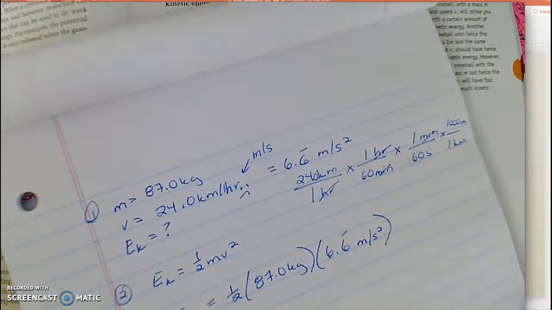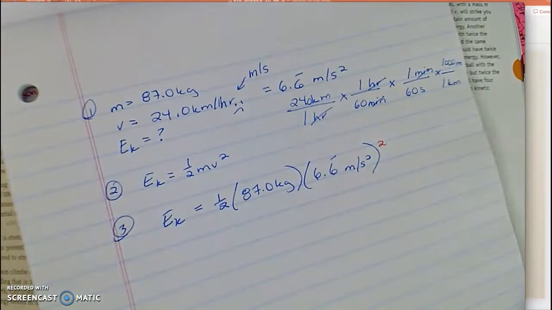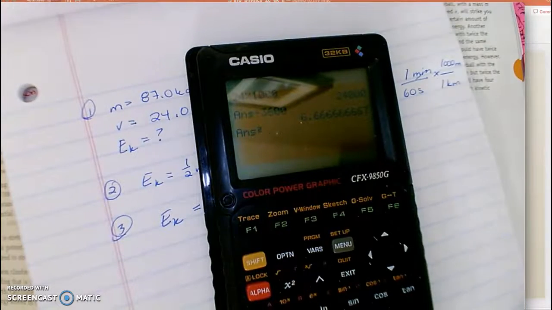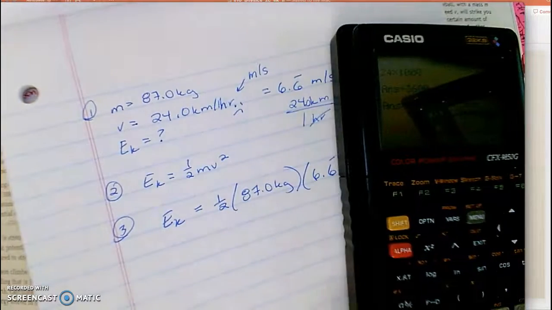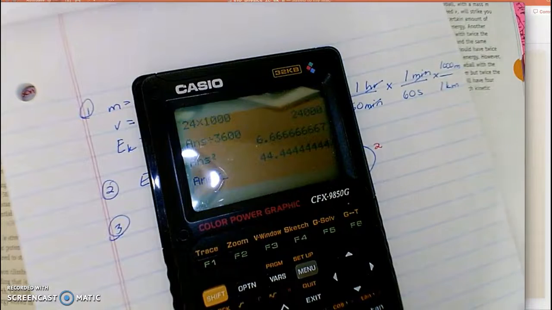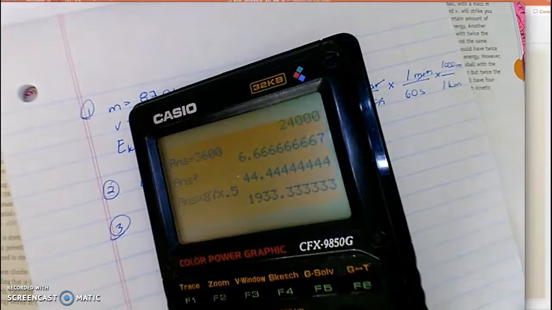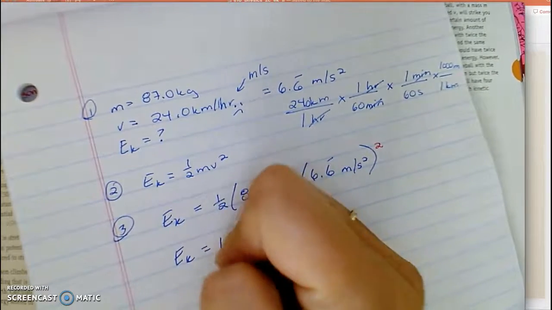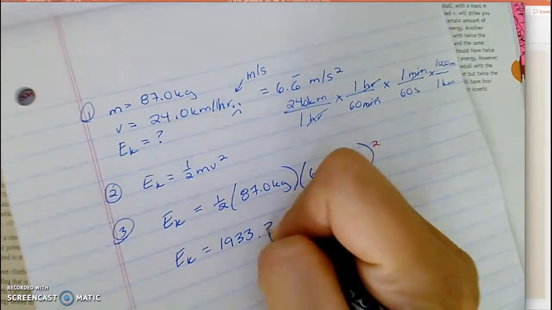Then I'm going to put it in red, just to force myself to remember this exponent. So I'm going to take my answer, leave it in the calculator, push my exponent button, and then multiply that by 87 and 0.5. And get 19,193... What was it? 1933.3 repeating, but we don't like that.